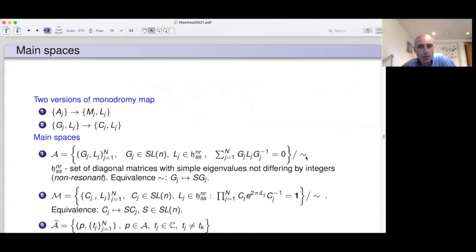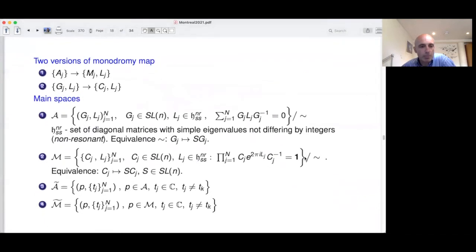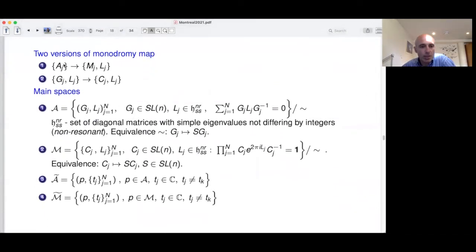Now, actually, there are two versions of the monodromy map here. The first is the most naive, from A's to M's and L's, and a slightly more refined one from the set of G's and L's. So here we fix not only A's, but we normalize the eigenvectors, and then we also normalize the eigenvectors of monodromies.